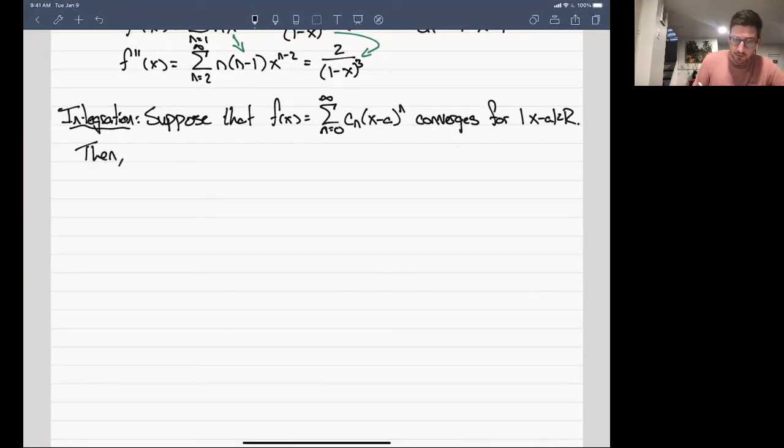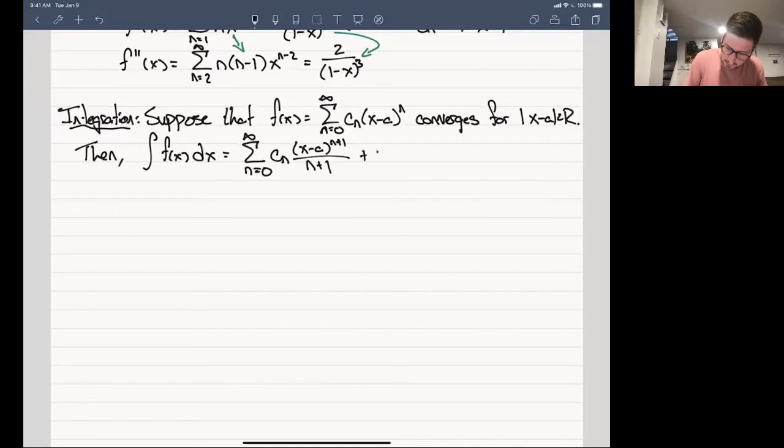So then the integral, or the antiderivative, of f of x dx is equal to the sum, in our case, from n equal to 0 to infinity of Cn times x minus a to the n plus 1, divided by n plus 1, plus c.